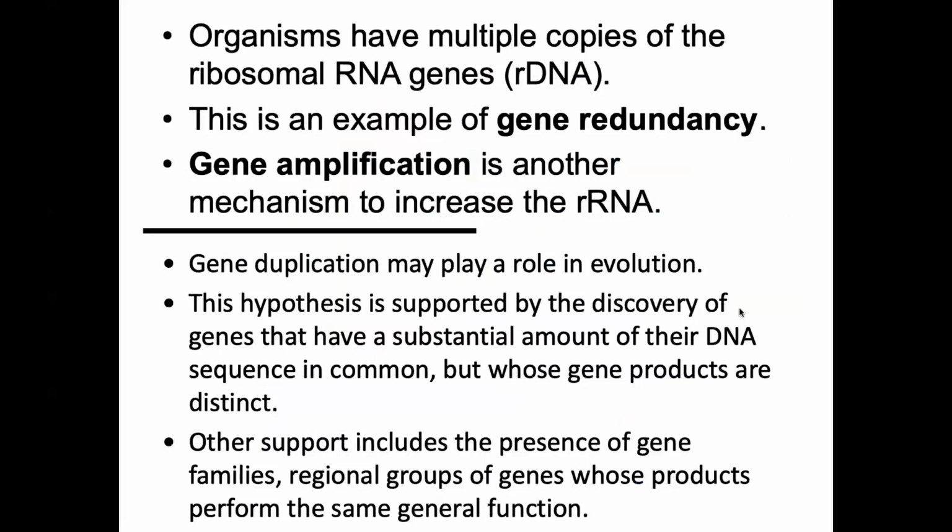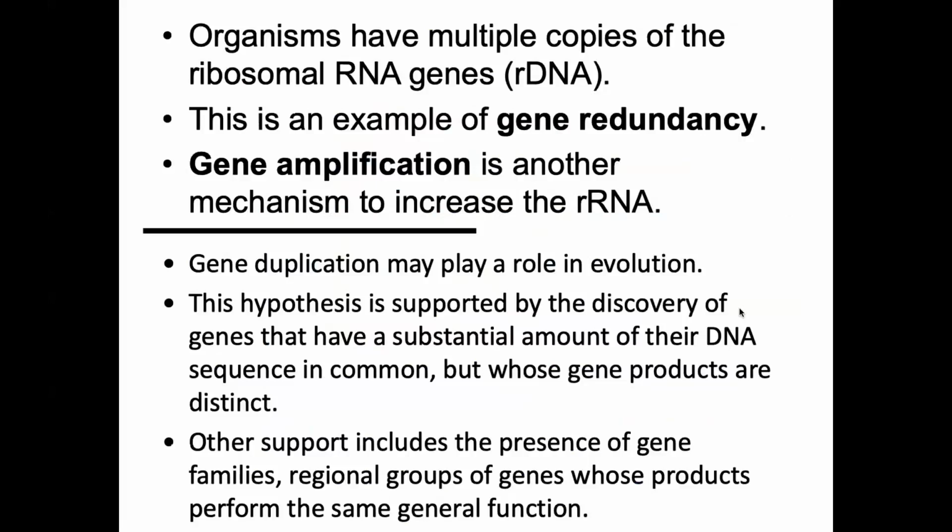So this process of gene duplication leads to what we call gene redundancy, and that can actually be a very positive outcome. As I said, it can lead to the generation through evolutionary processes of more complex life forms.